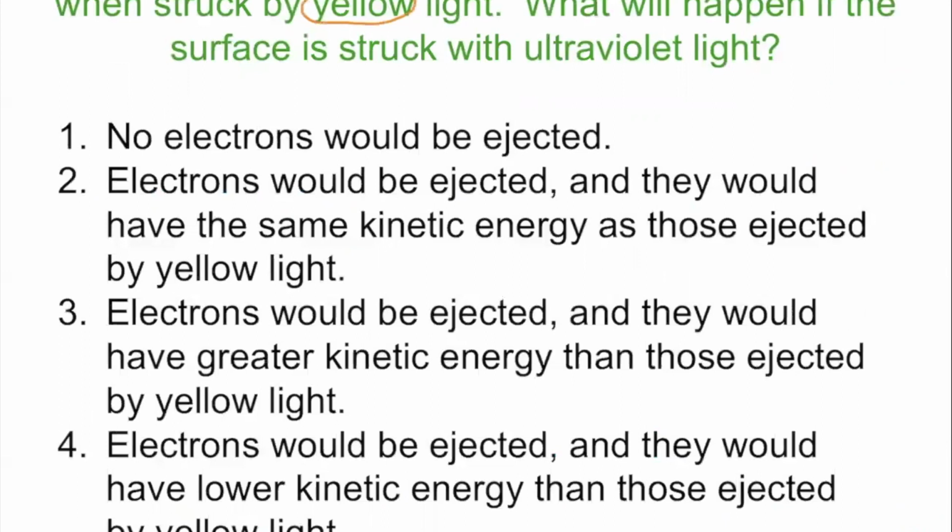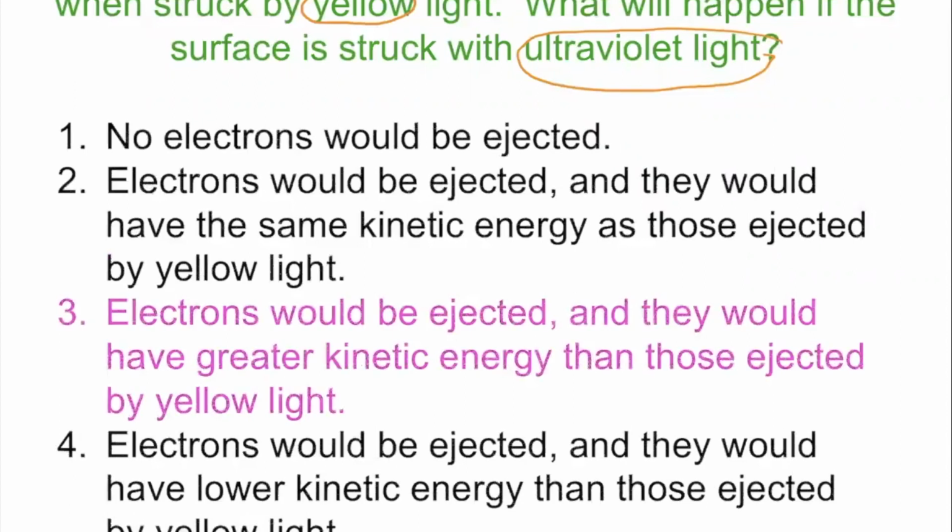What will happen if you strike it with ultraviolet? So think about it. Which one has more energy? I'll give you a minute to think about that answer. The answer is green.